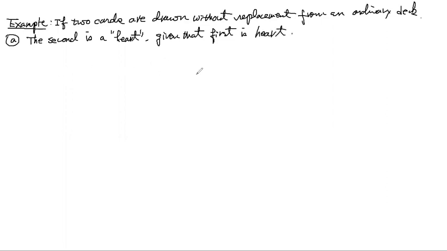In here, you immediately see the keyword "given." That means it's the condition. So let's put it into the probability statement. The second one is a heart, given that the first one is a heart.